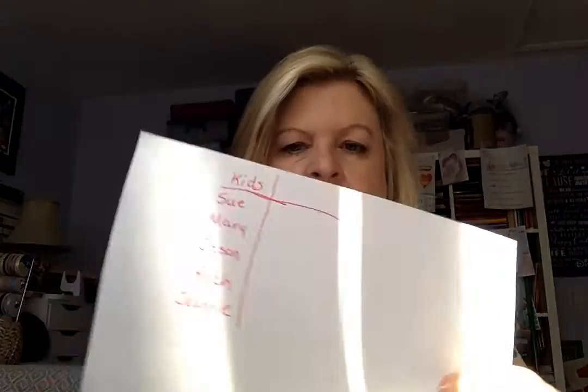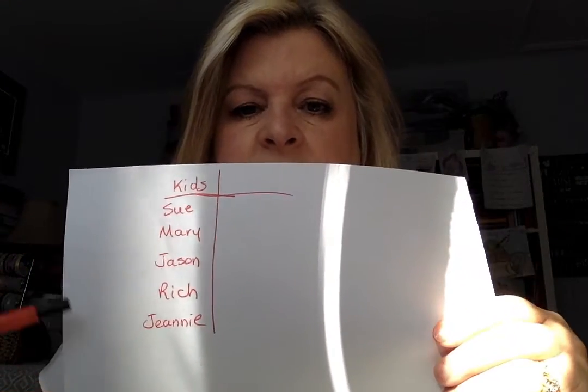And let's say I have Sue. I'm going to make up names. I have Sue, I have Mary, I have Jason, I have Rich, and I have Jeannie. Okay, so I have 5 kids.